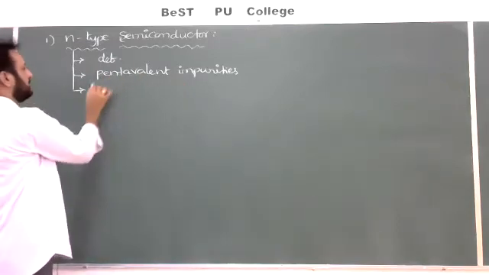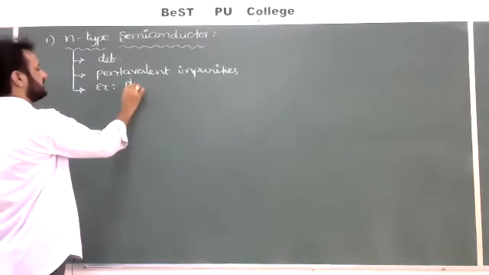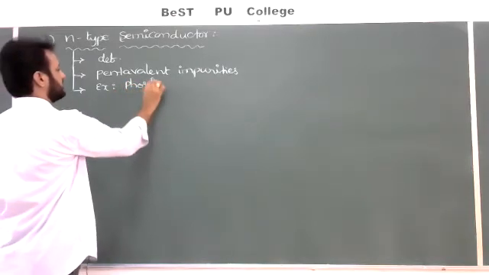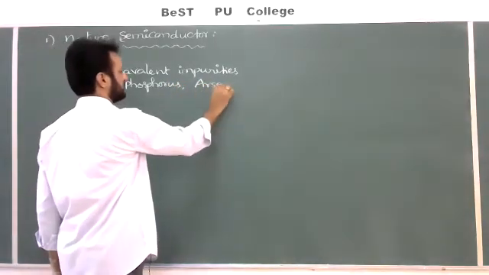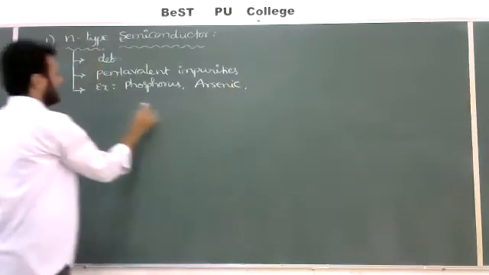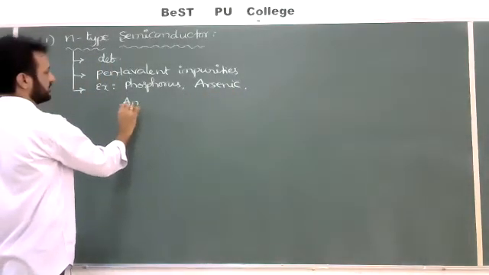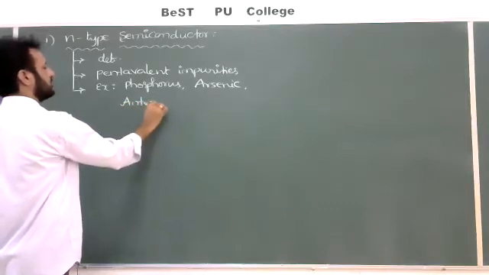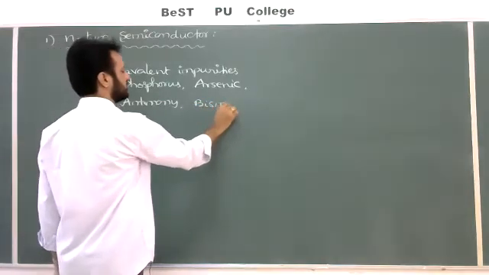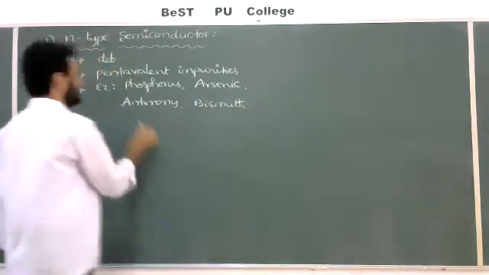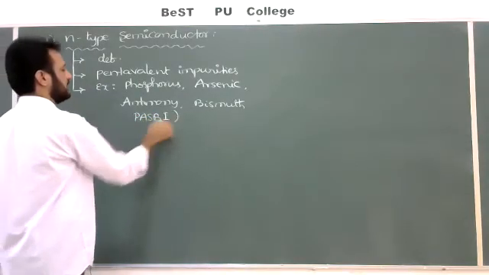Examples of pentavalent impurities: we can write phosphorus, arsenic, antimony, bismuth. Generally we write this as P, As, Sb, Bi, in short form like this.